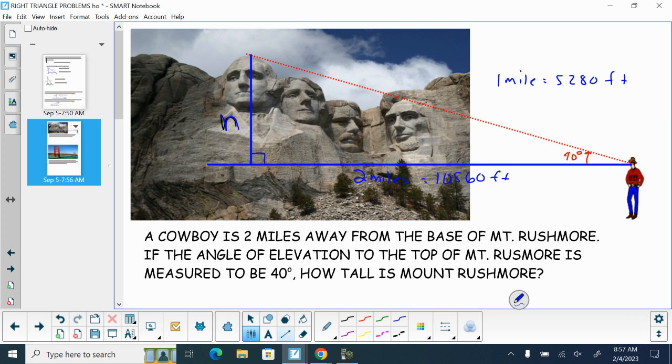So with this right triangle, once again, we want to know height. So we look at our angle. We know the side we want to find and the side we know. Which trig ratio relates the angle we know, the side we know, and the side we want to find? Write yourself down a trig ratio. The sine, or whatever trig ratio we have of this angle, 40 degrees, is equal to what ratio within the triangle?